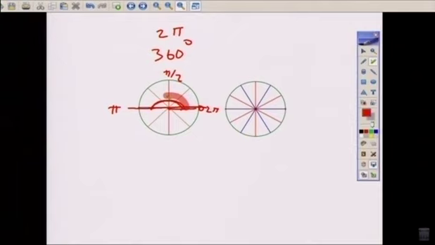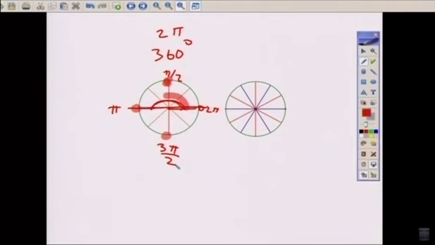So I've taken the whole circle and cut it into 4 pieces, each one of which has a measure of pi over 2 radians. So right here would be 1 pi over 2, 2 pi over 2. Down here we're at 3 pi over 2. And 4 pi over 2, which is equivalent to 2 pi.